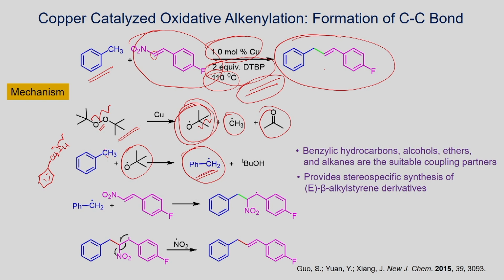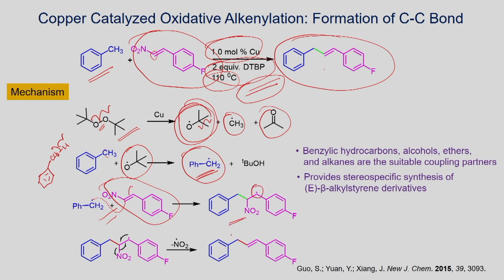Once you form the benzyl radical, it can undergo addition reaction with alkene. We have seen several examples. If you have the radical, it can add to alkenes which are bonded with an electron withdrawing group.